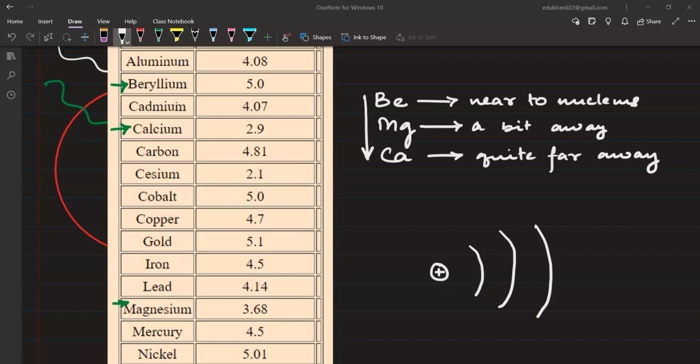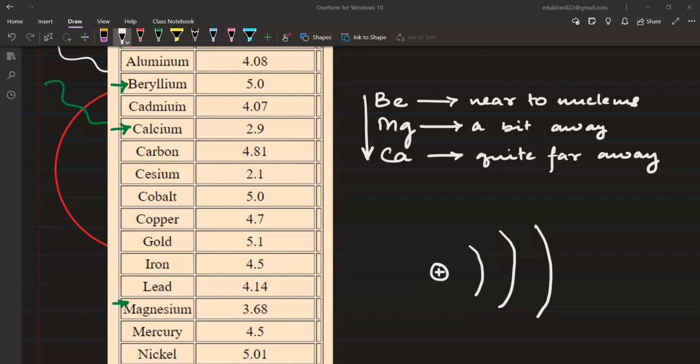Because if the electron were changing its distance from the nucleus, then we would get different work functions for different beryllium samples. Sometimes we would get 5, sometimes something else, supposing it is changing position. I'm saying this because right now we don't know the position of the electron. Since it gives the same work function, the distance of the electron from the nucleus is constant. Correct, guys? Yes, sir.